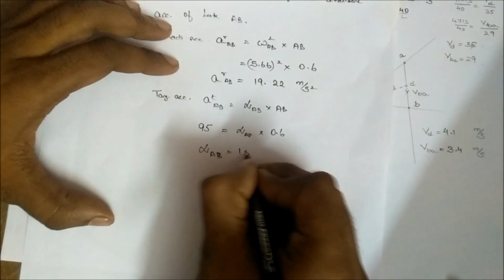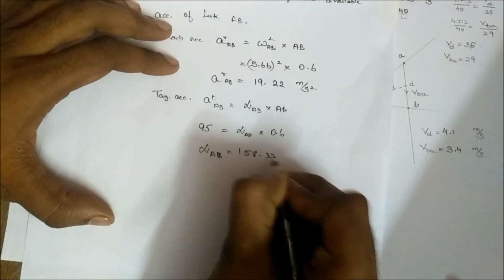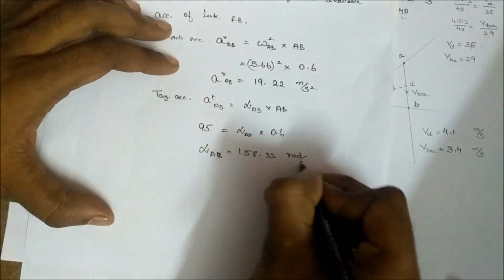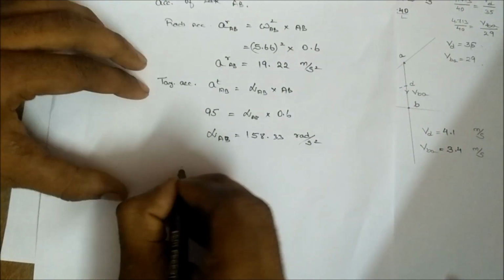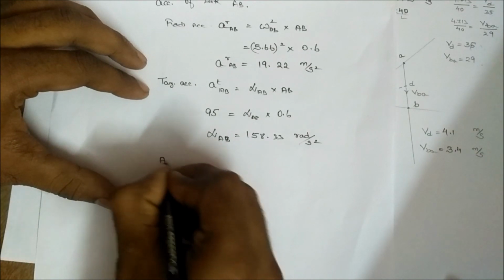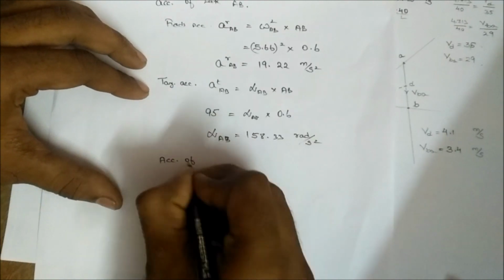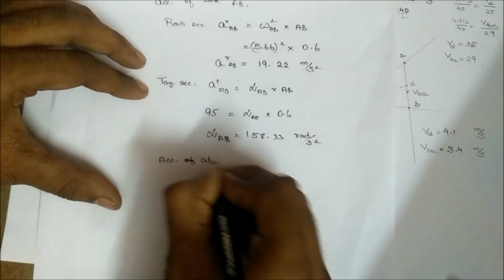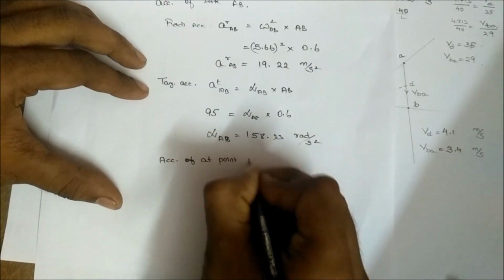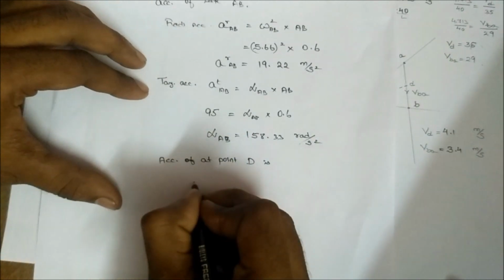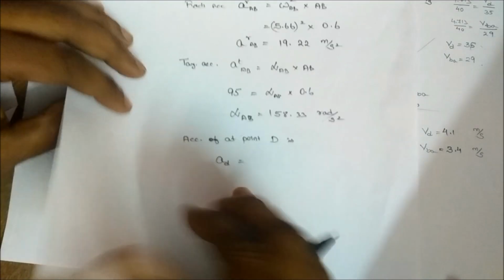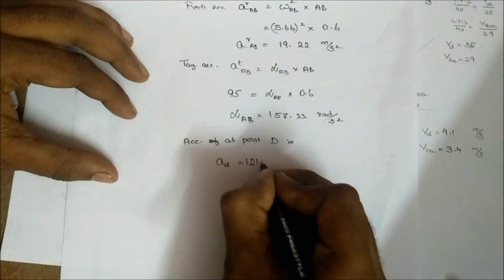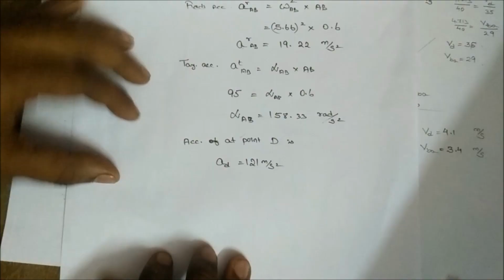Which is 158.33 radians per second square, and the acceleration at point D is A of D equal to 121 meter per second square.